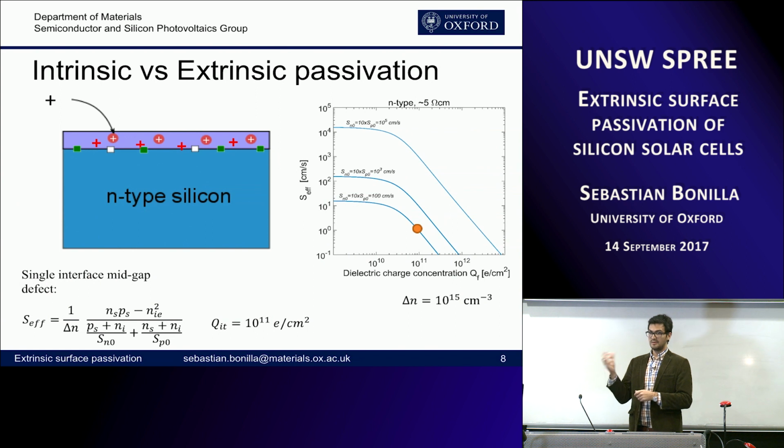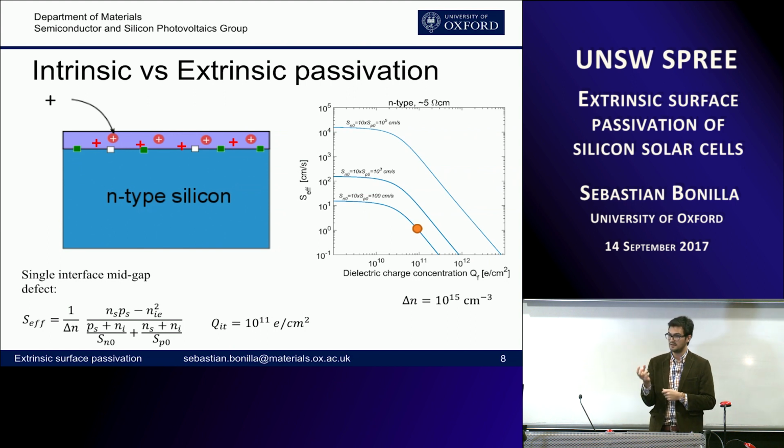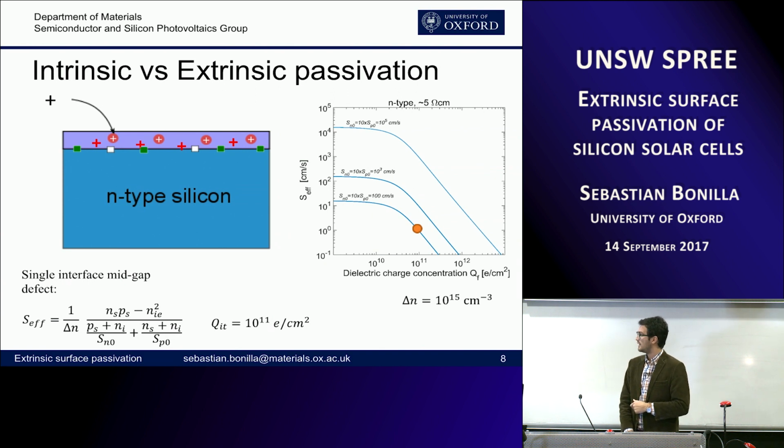So here I'm trying to exemplify the fact that by combining both the chemical passivation, so the reduction in the recombination activity of those defects at the interface between silicon and a dielectric, and by producing a concentration of positive charge, or any charge type, in that dielectric, we have those two things combined to produce the best possible recombination velocity that we have. So very, very low recombination.